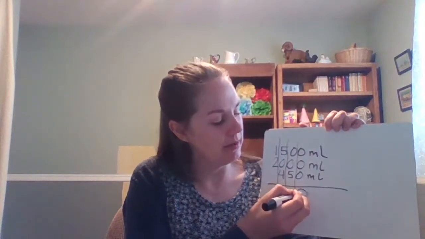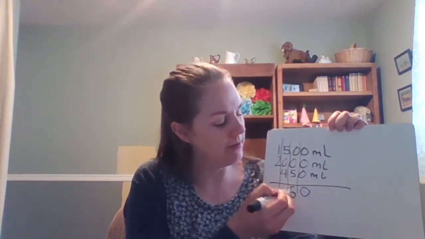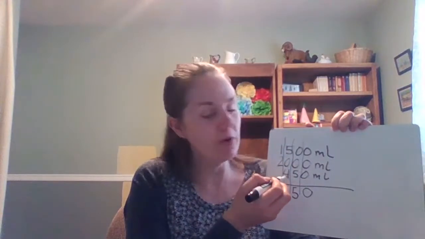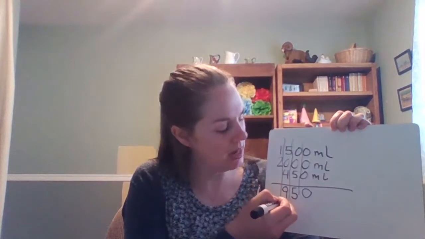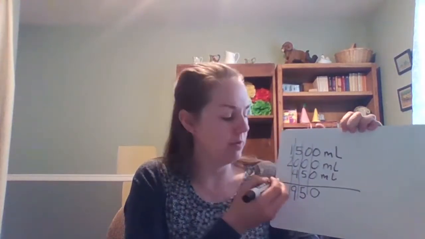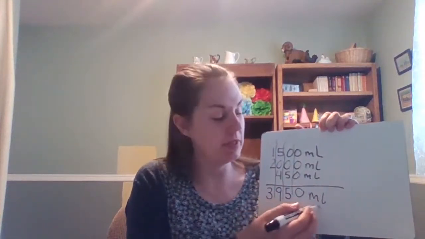That's going to give me 0. 0 plus 0 plus 5 would be 5. 5 plus 0 plus 4. I know that 5 and 4 makes 9. So adding 0 to it doesn't change that. And 2 and 1 more would make it 3. So they have a total of 3,950 milliliters. And that label, once again, is really important.